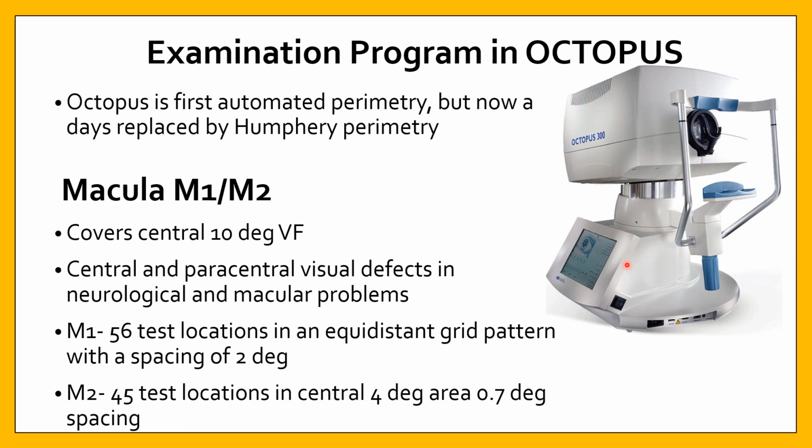It has two programs: the Macula programs, M1 and M2, and the programs G1 and G2. Here we are only going to discuss the Macula programs M1 and M2, which cover only the central visual field, and are used to assess central and paracentral visual defects in neurological and macular problems.